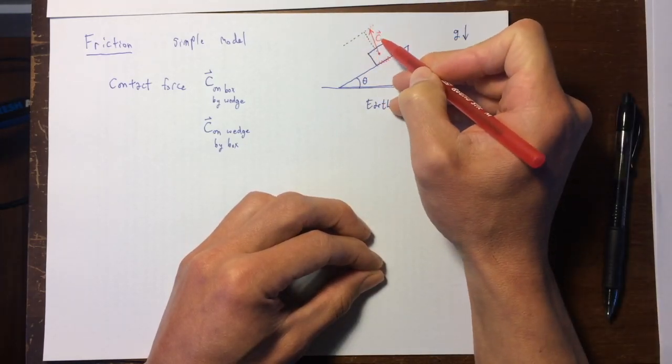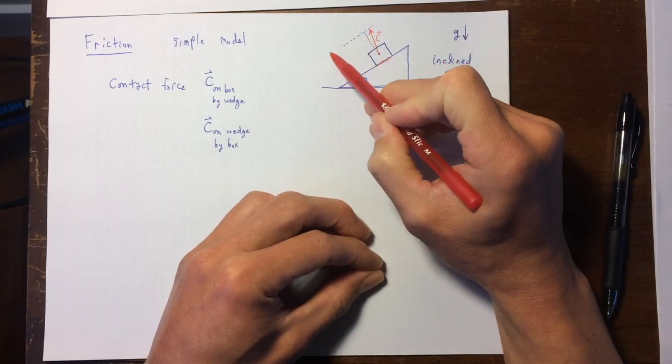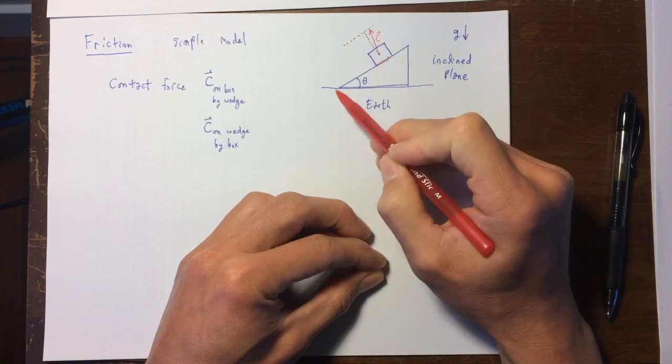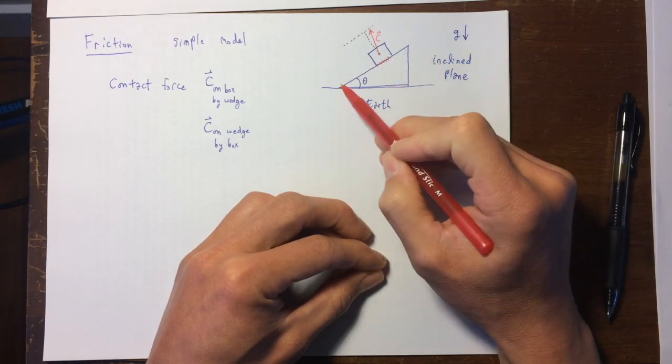And C is also partially made out of something that's along the wedge, so that's parallel.